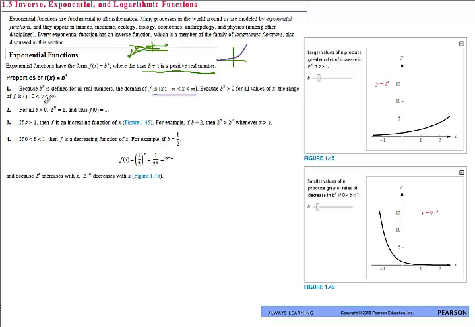So the range is 0 to infinity, never crossing over and never really reaching that 0. So there's the domain and range for a generalized exponential function.